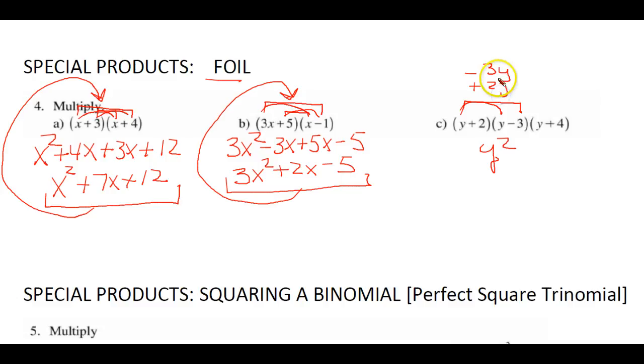Some of us can do this mentally, and this leaves me with just a negative y in the center. And then my last is a negative 6. So I kind of skipped that middle stage because I did my outers and my inners mentally, although I wrote them out, and now I have my trinomial that I'll now multiply by this, y plus 4.